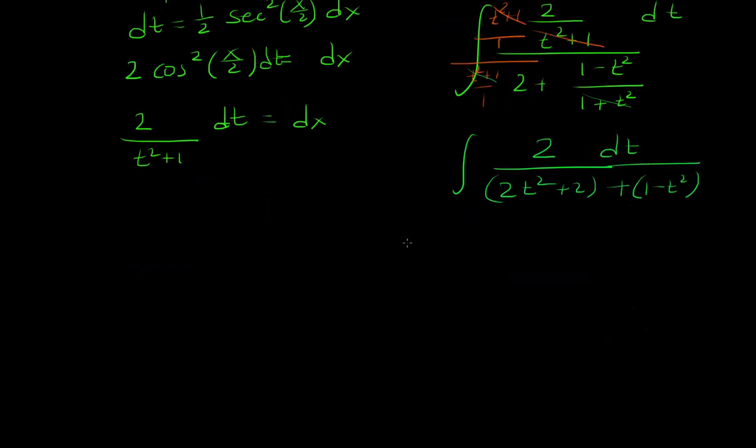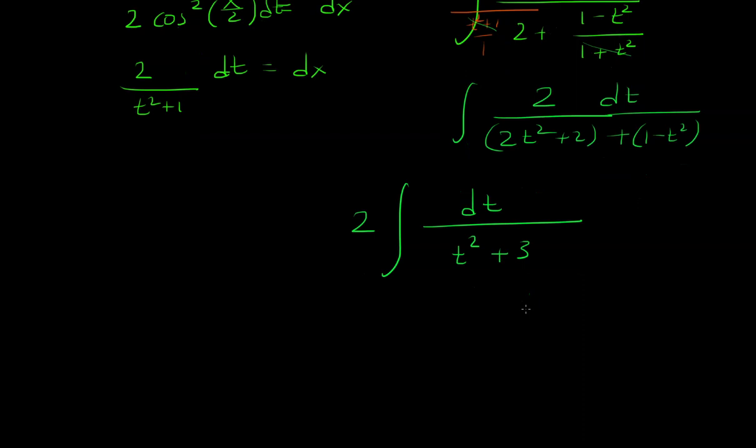Now we're going to simplify. So we have a 2, I'll pull that outside, and then you have 2t squared minus t squared is t squared. 2 plus 1 is 3. Now the goal here is to make this 3 into a 1 and basically get it in this form. Although technically, x will be something else. So maybe it'll be like x over some number squared.